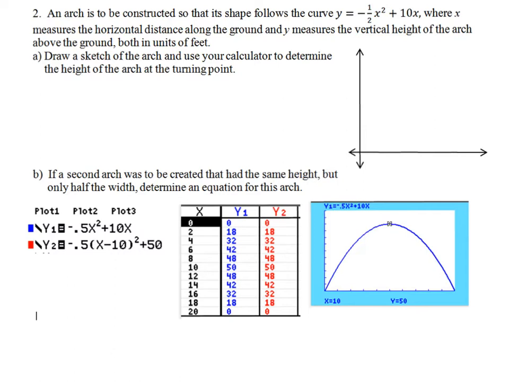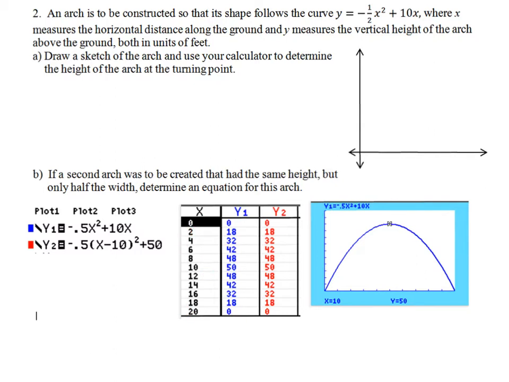Now, I thought that it might be a good idea to take a look at this function and say, okay, what would be a good way to count in my x-axis? So along the x-axis on my graph and in my table, it worked out nicely to count by 2's. So I set up my table of values where my table set was 0 and my delta table was 2 so that it would count by 2's.